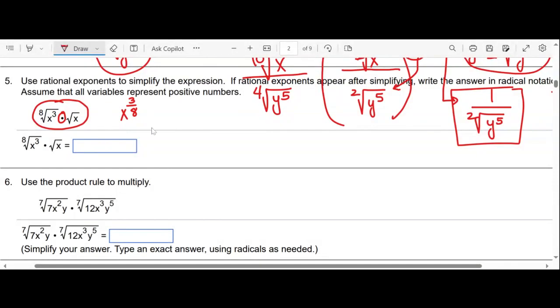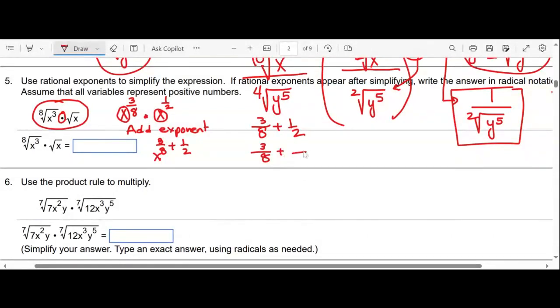Correct or not correct? Times x to the power of what? Half. Since we have the same base, we add the exponents. So I have x to the power of 3 over 8 plus 1 over 2. 3 over 8 plus 1 over 2. Do we have a common denominator? So we have to change it.